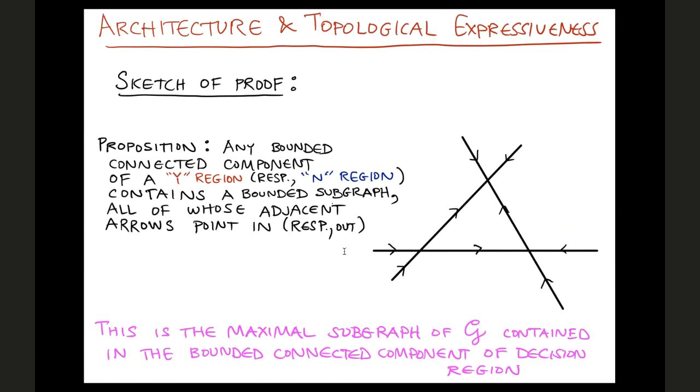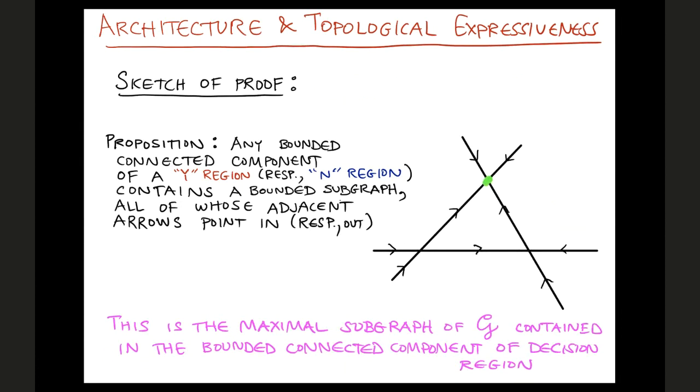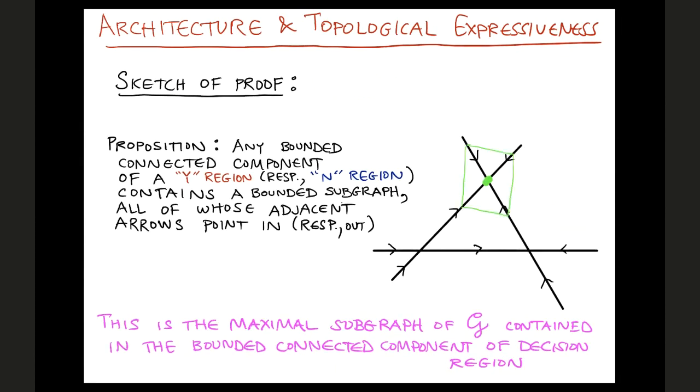Well, in this case, that green dot is this maximal subgraph, and what's inside that green square is a bounded connected component, and the green square itself is the decision boundary, or part of the decision boundary at least.